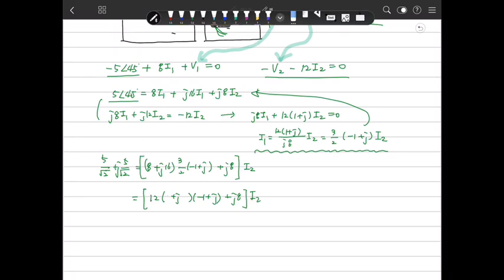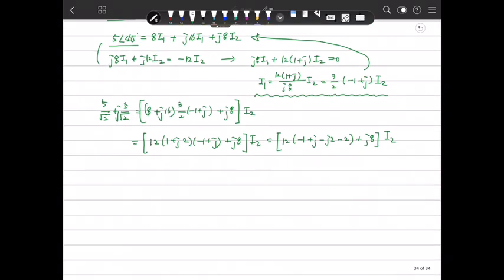Actually this is 1 and 2. So 12 minus 1 plus J minus J2 and minus 2 plus J8 I2 and minus 36 minus J4 I2.